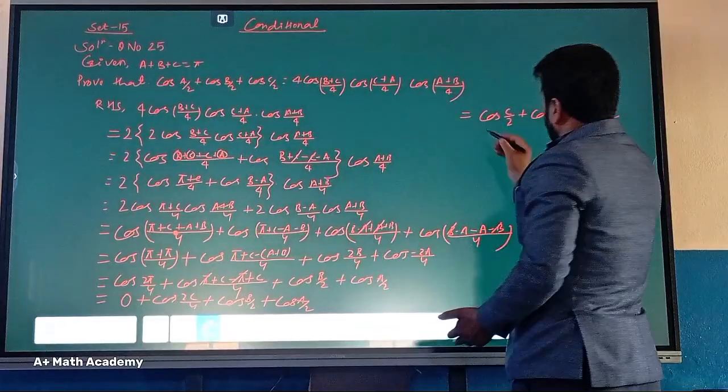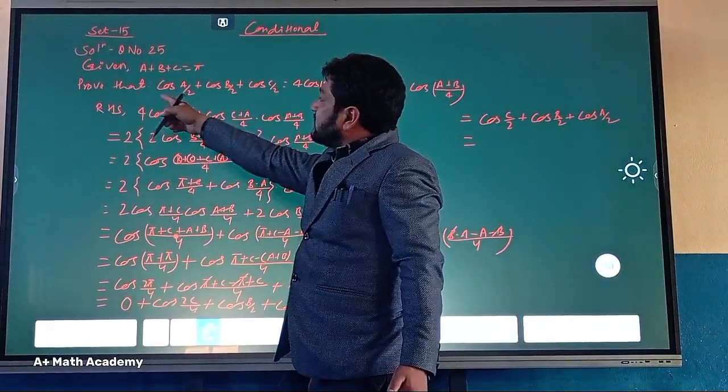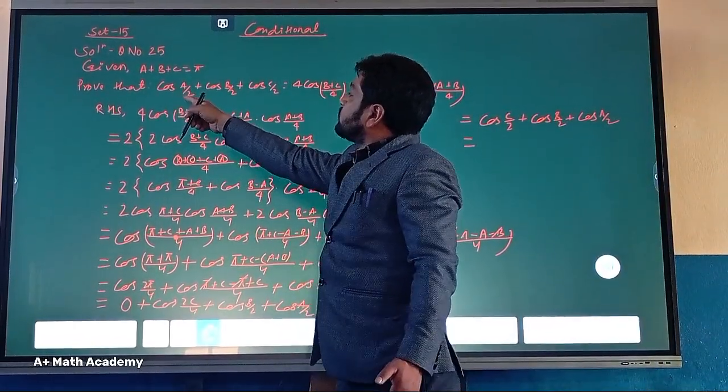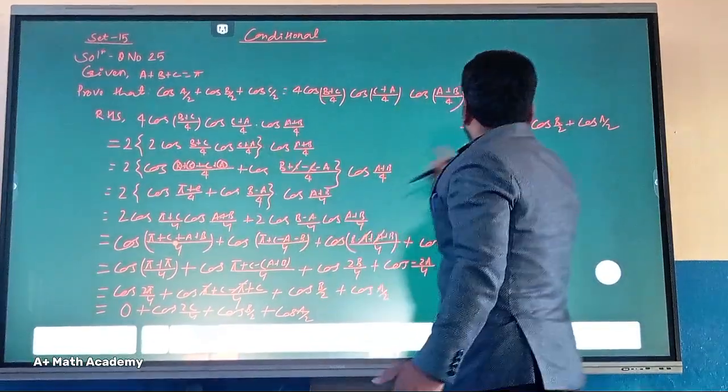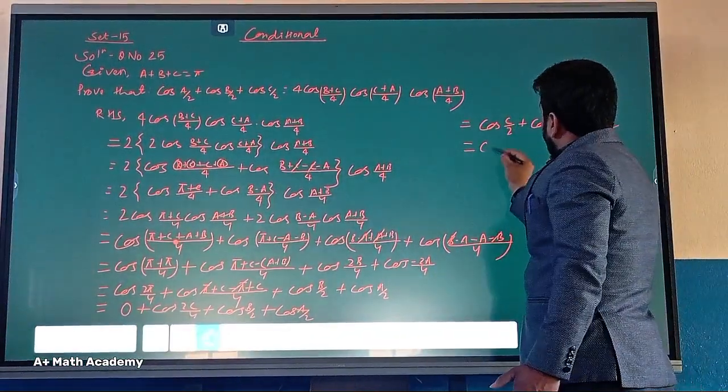Then look at the LHS: cos A by 2 plus cos B by 2 plus cos C by 2. We just arrange it at last.